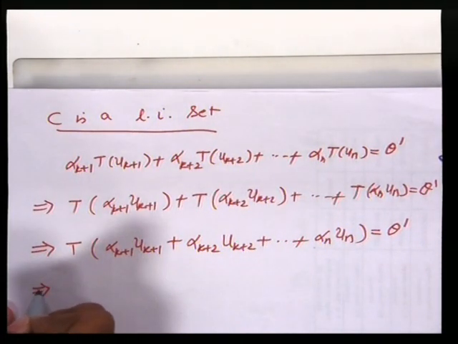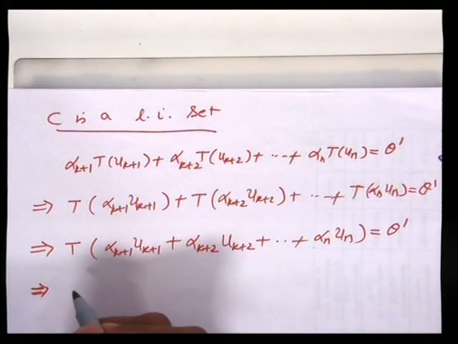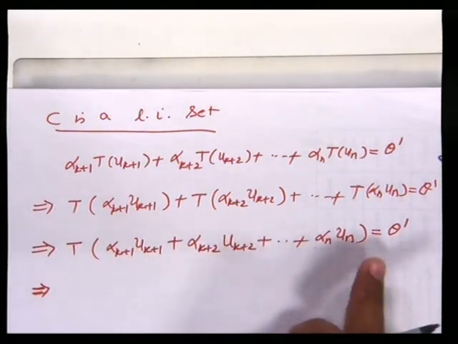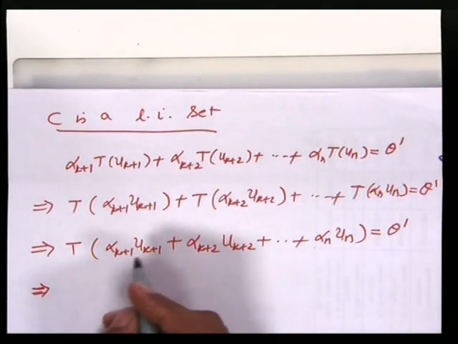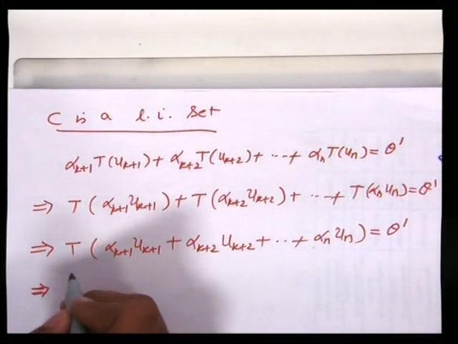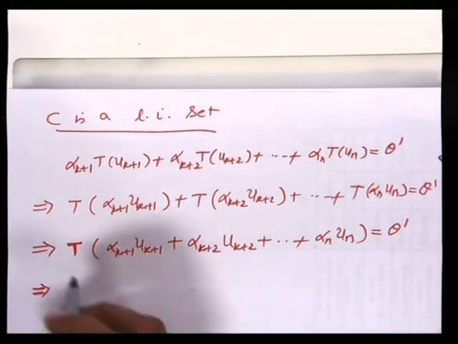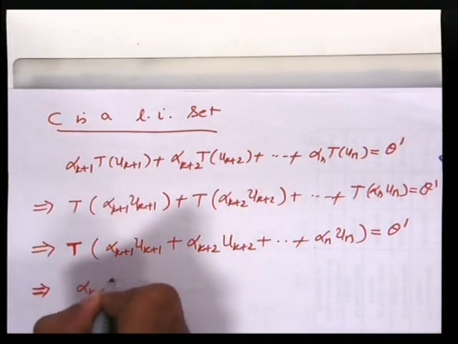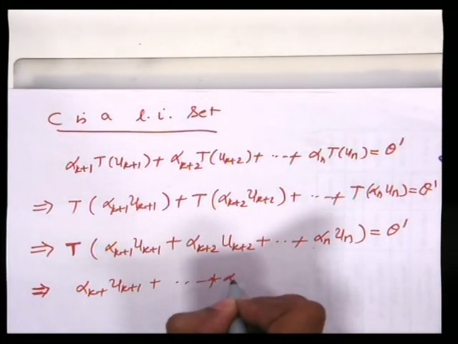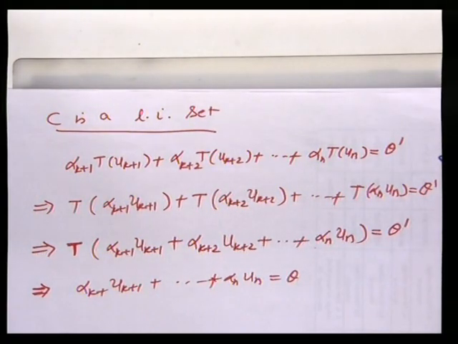Now T is a linear transformation, so this shows that T of this vector becomes theta dash. Then we get alpha k plus 1 times uk plus 1 plus up to alpha n un is equal to theta, because T of theta is equal to theta dash.